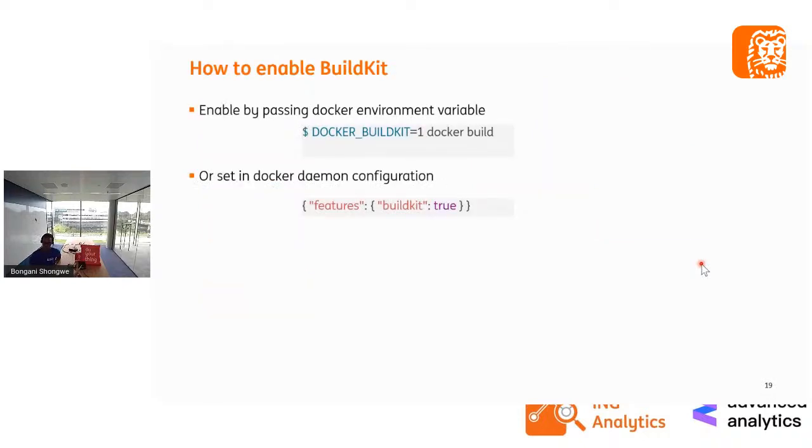So if you want to use BuildKit, how do you enable it? Well, it's quite simple. You can simply pass in this environment variable, DOCKER_BUILDKIT=1, when you're running your build, or you can set the following configuration in your Docker daemon, and you'll have it up and running. Now, there's some new news.